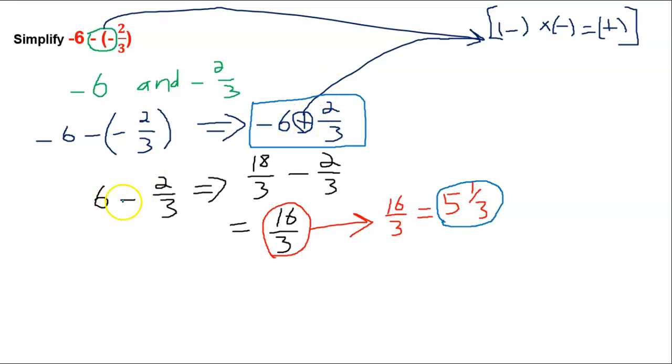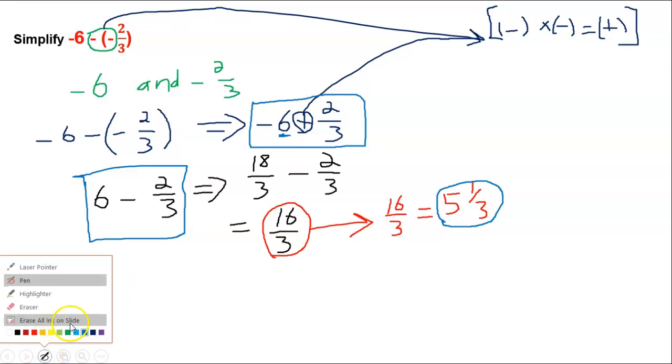The larger number is the 6, and the sign associated with it is negative. So therefore our answer must be negative.